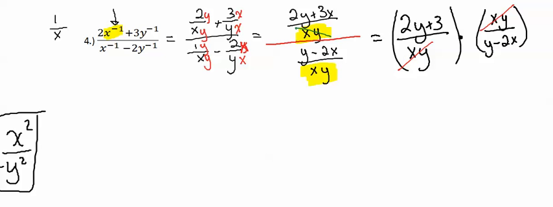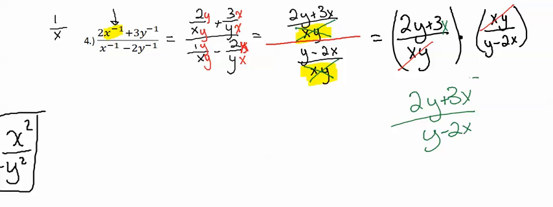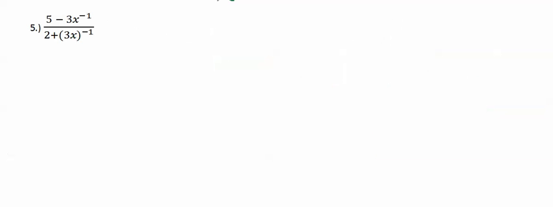You can automatically just cancel them out, and you're left with the fraction 2y plus, there should actually be an x there, 3x over y minus 2x. Now, you should check to make sure that the fractions don't factor, or each term doesn't factor. In this case, it doesn't, so we're going to leave it just the way it is.